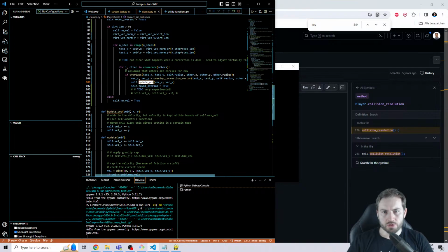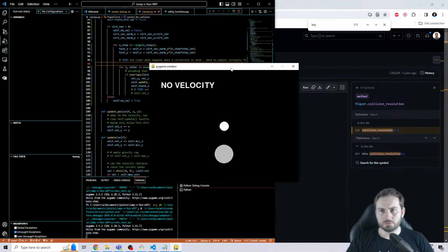And in the update position now I add it to the velocity, right? Actually, it looks good now.